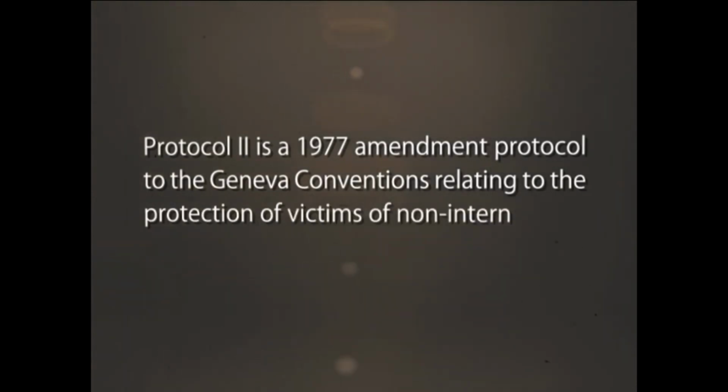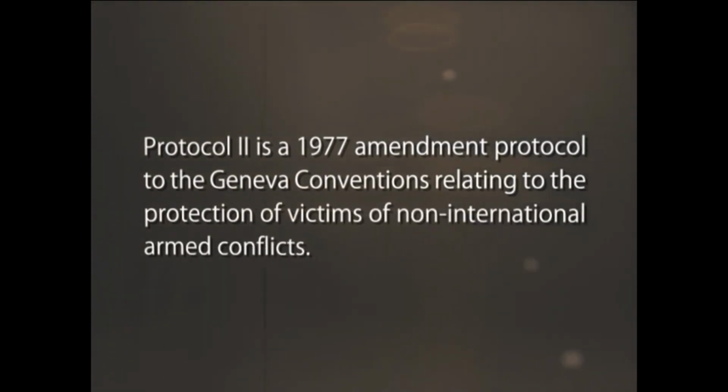Protocol 2 is a 1977 amendment protocol to the Geneva Conventions relating to the protection of victims of non-international armed conflicts. Protocol 2 elaborates on the international humanitarian law principles relating to non-international armed conflict situations, providing an additional 28 principles to those set out in Common Article 3, although in specifying certain criteria, including a degree of organizational requirement for non-state parties.